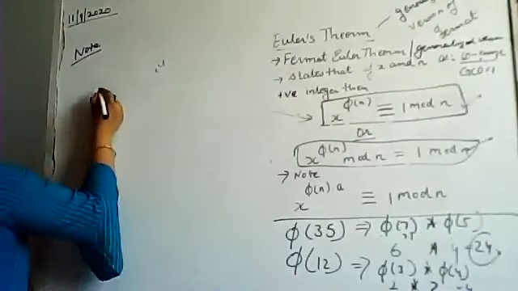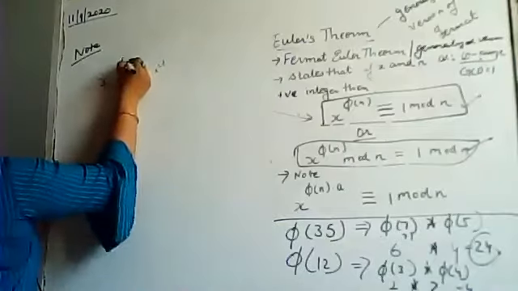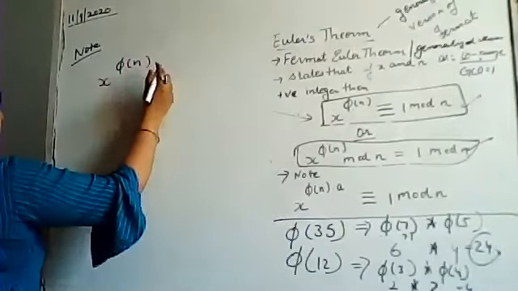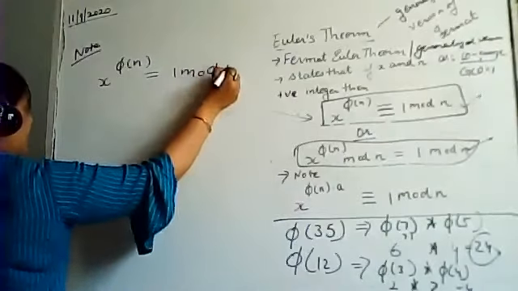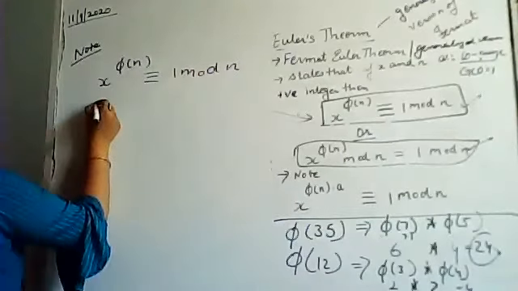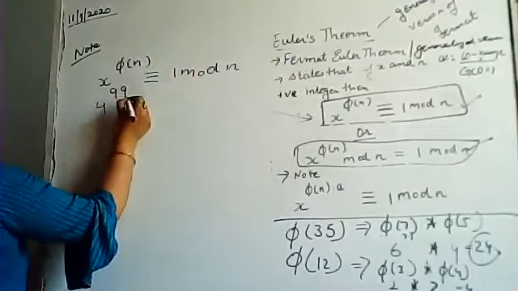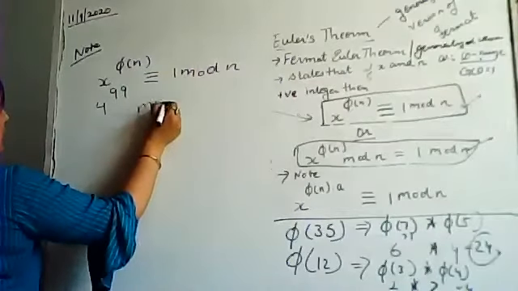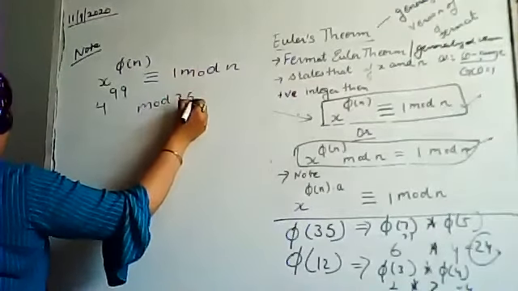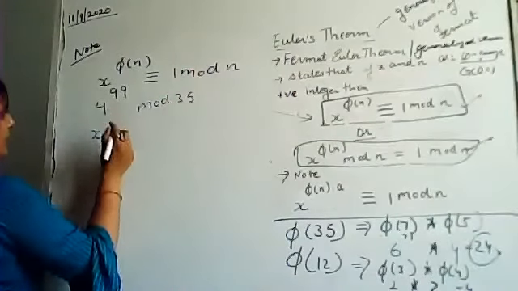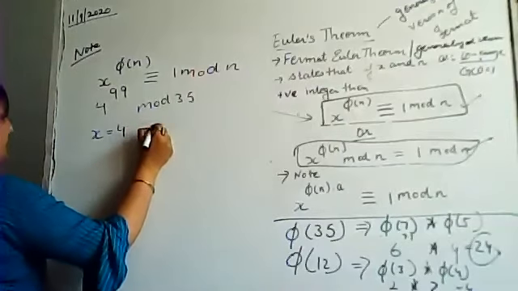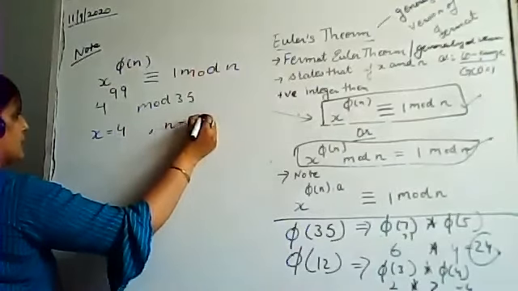Now we have x raised to power phi n. This is the formula, that is 1 mod n. Okay. Now let's suppose there is a term 4^99 mod 35. So here the value of x will be 4, and the value of n is 35.